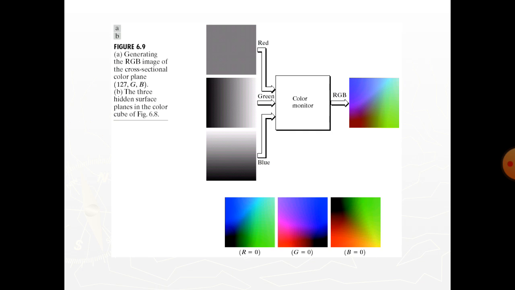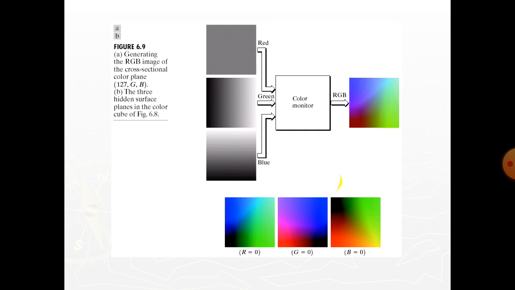Figure A shows that the image of the cross-sectional plane is viewed simply by feeding the three individual component images into a color monitor. In the component images, 0 represents black and 255 represents white.